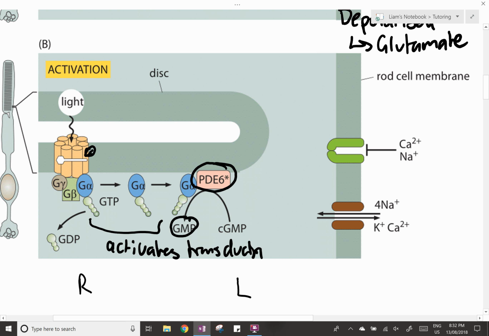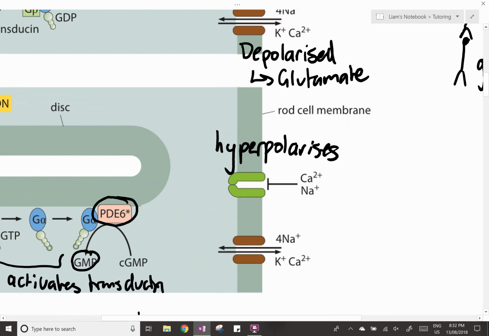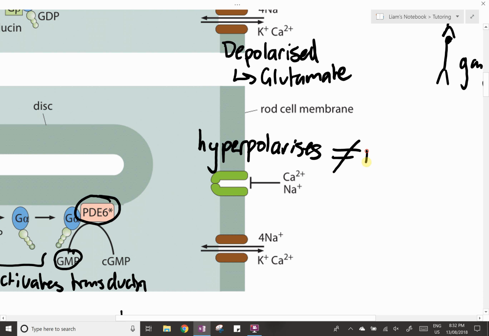What that means is that our cyclic GMP gated channels, which were open here, are no longer open. And so the cell can't keep depolarizing, and so it actually hyperpolarizes. If it's hyperpolarized, that means no glutamate. Okay.